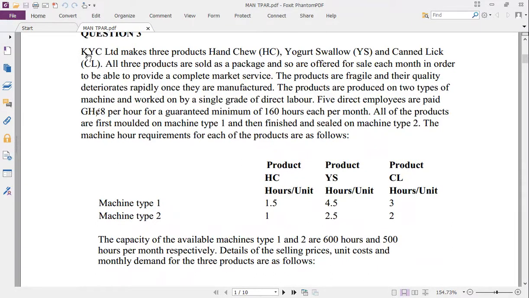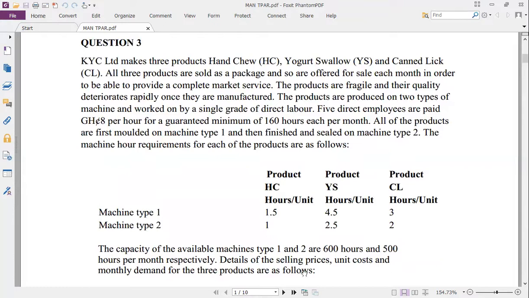But all this information here is not important to us. So KYC Limited makes 3 products: Hand Tube, that's the HC, Yogurt Swallow, YS, and Canlick, CL. All the 3 products are sold as a package, and so are offered for sale each month in order to provide a complete market service. The products are fragile and their quality deteriorates rapidly once they are manufactured.